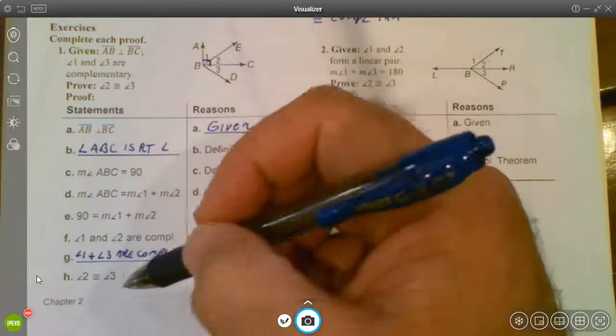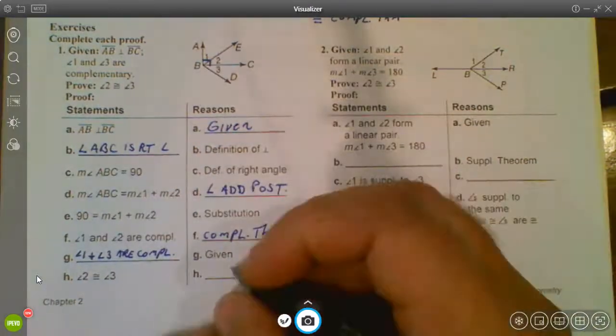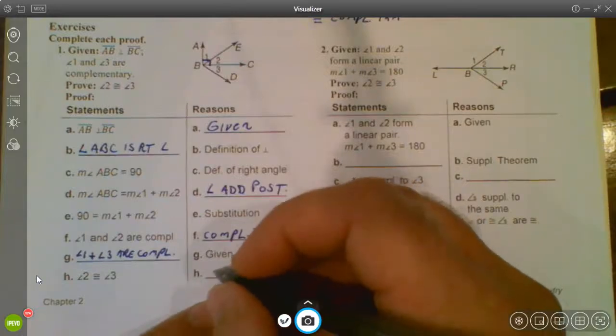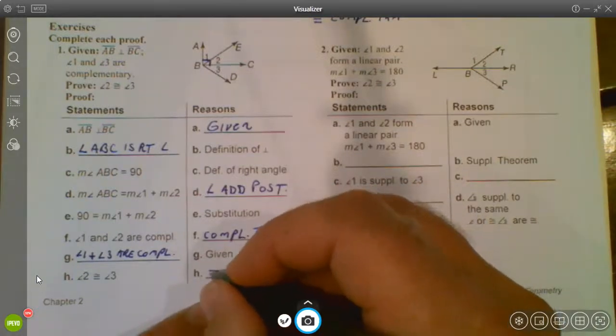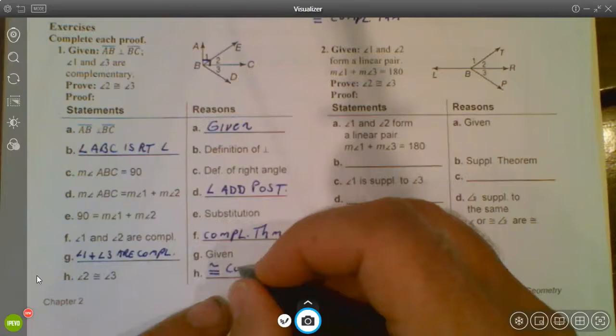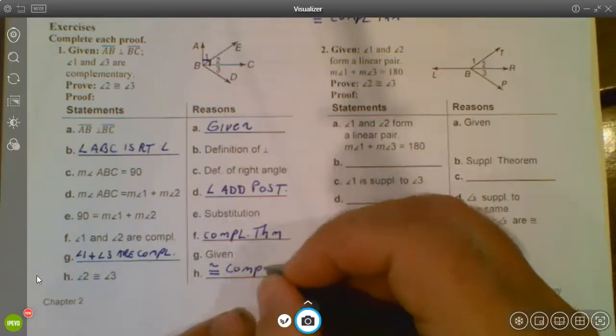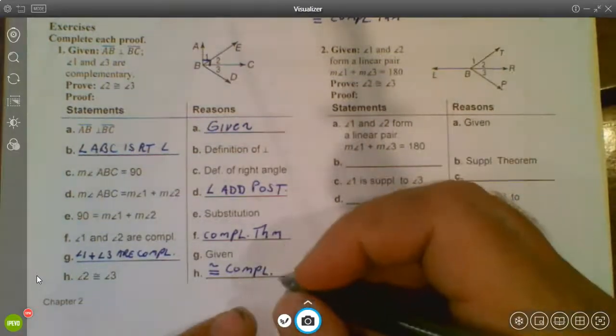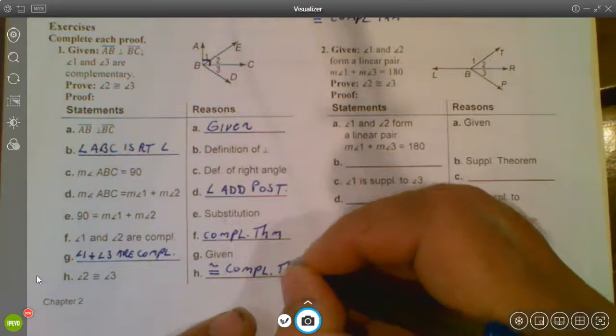So therefore angles 2 and 3 must be congruent, and that is our congruent complements theorem. You can abbreviate, or you can write it out like they did in the previous proof. You could write out the whole thing if you really want to.